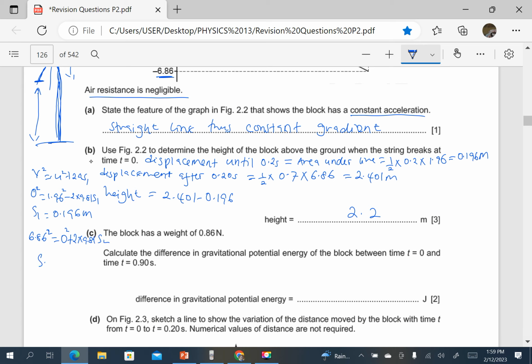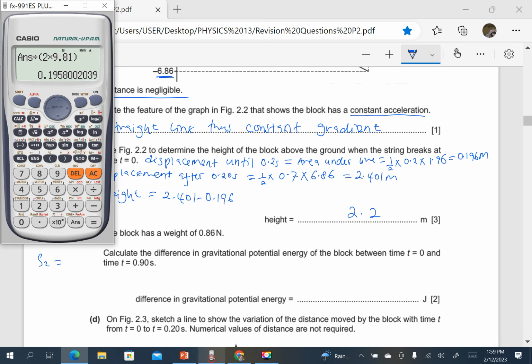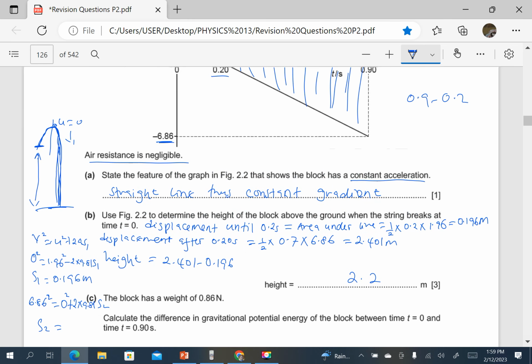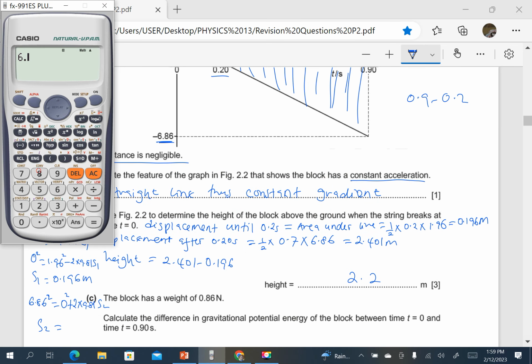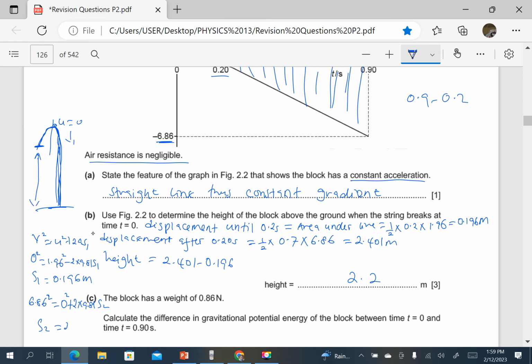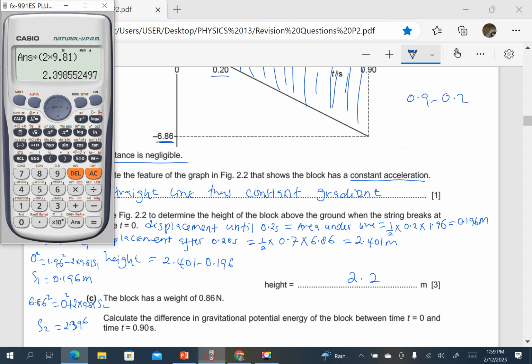I'll find s2 as 6.86 squared divided by 2 times 9.81, which gives me 2.399.